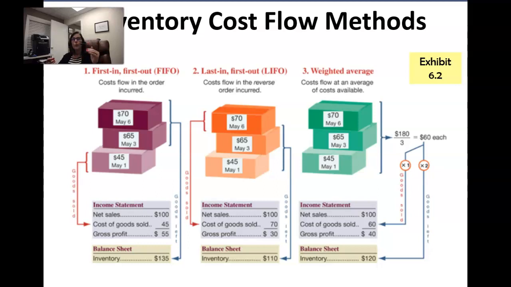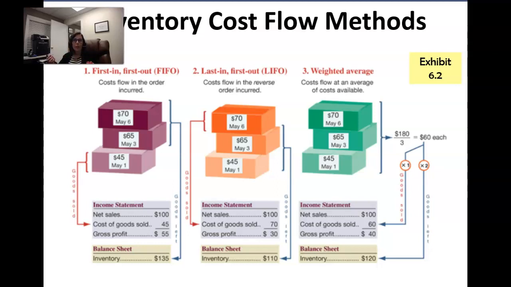With first in, first out, we're going to presume that if we've bought inventory, it's unlikely we will just make one inventory order and then sell it all during the month. It's more likely that we might start off the month with some inventory, and then we might add to that inventory. And so when we sell it, we need to know which batch we sold out of. And that's where these cost flow methods come in.